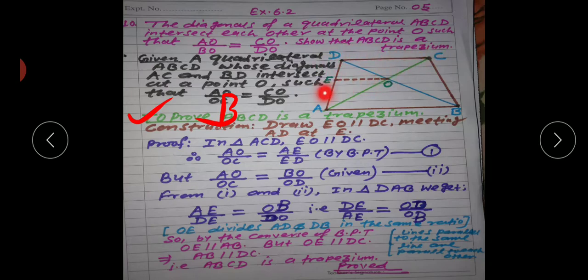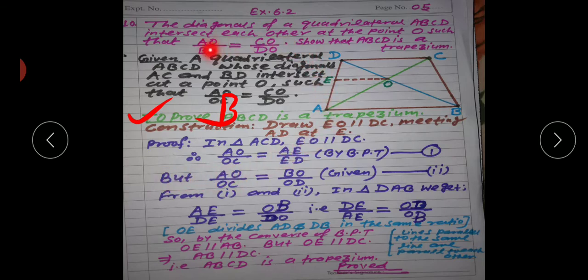Then this line will divide AD and AC in the same ratio, that is AE upon DE will be equal to AO upon OC. So we have written AO upon OC is equal to AE upon ED by BPT, equation first.